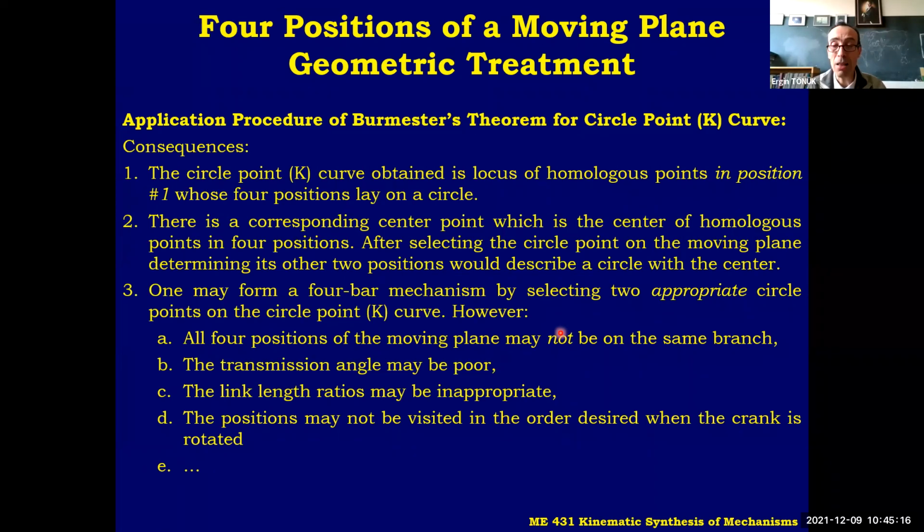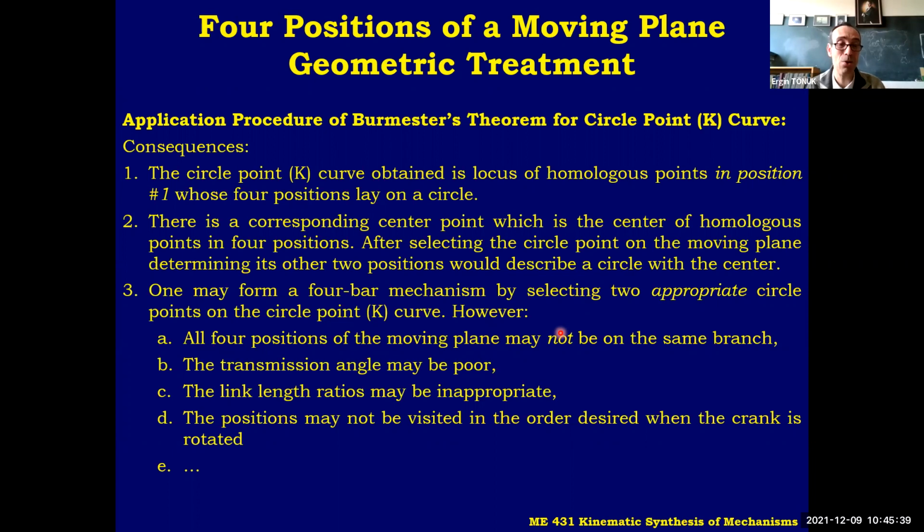Of course, if it's not passing through all 4 positions, there are 2 possibilities. One is really dangerous, which is that while applying the procedure, which is not very straightforward, you might have made a mistake.